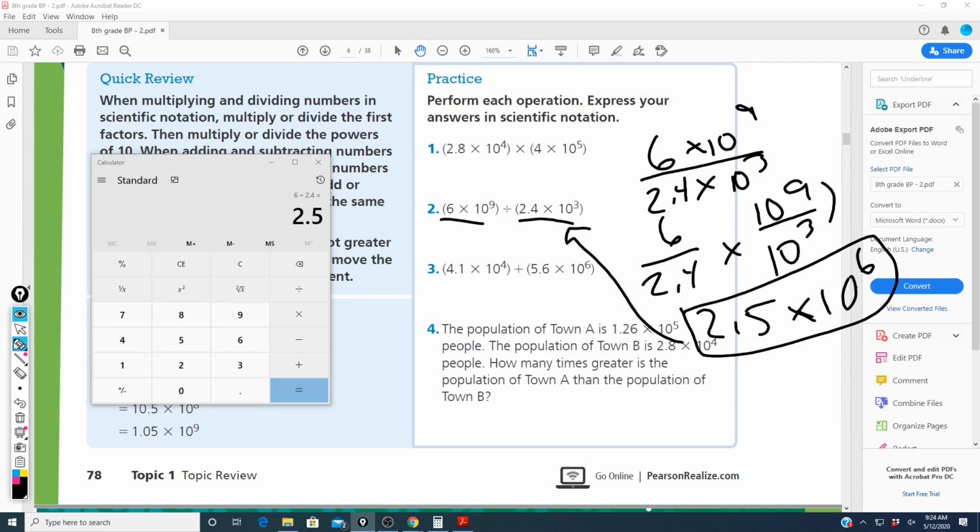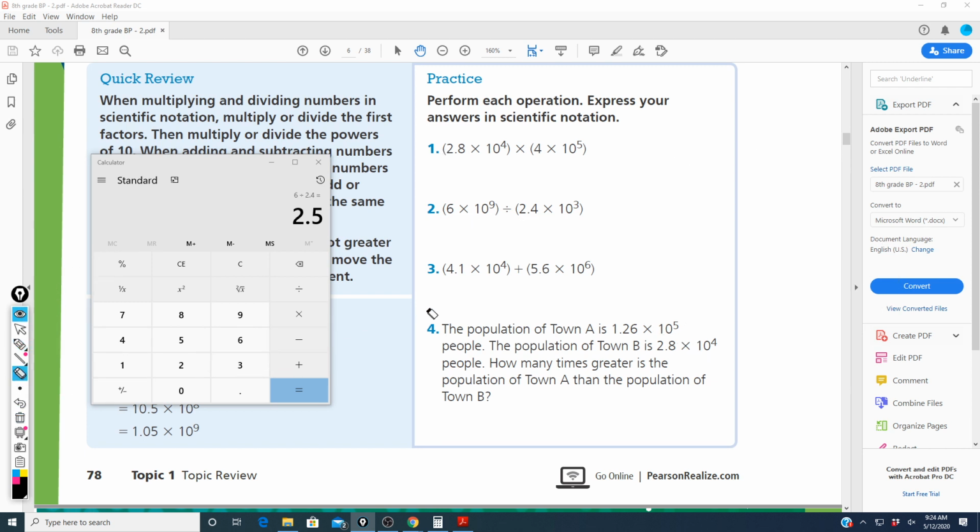Okay. And just for time's sake, let me go to number 4. The population of town A is 1.26 times 10 to the 5th, and you can go ahead and read that. Population of town B, 2.8 times 10 to the 4th people. How many times greater is the population of town A than the population of town B?